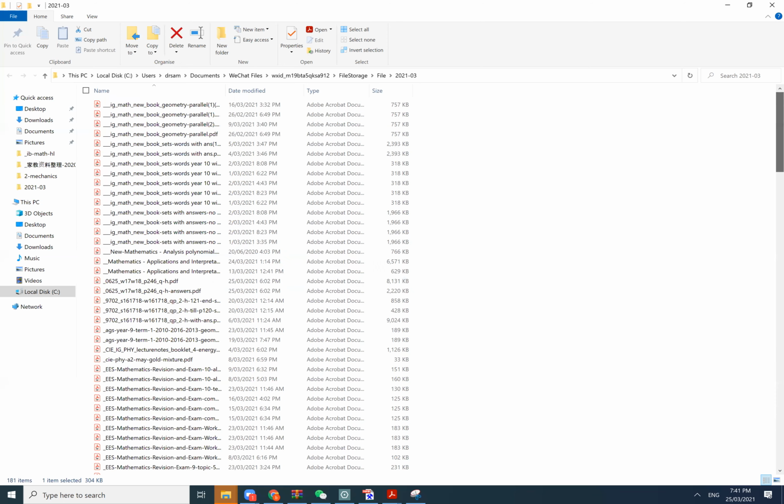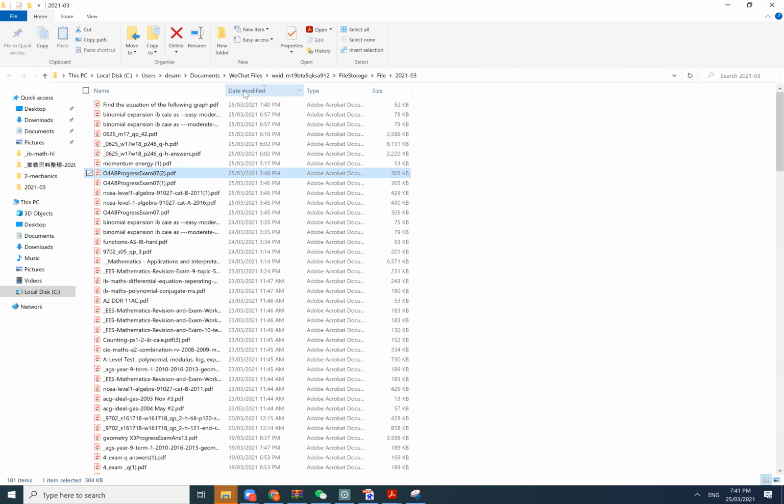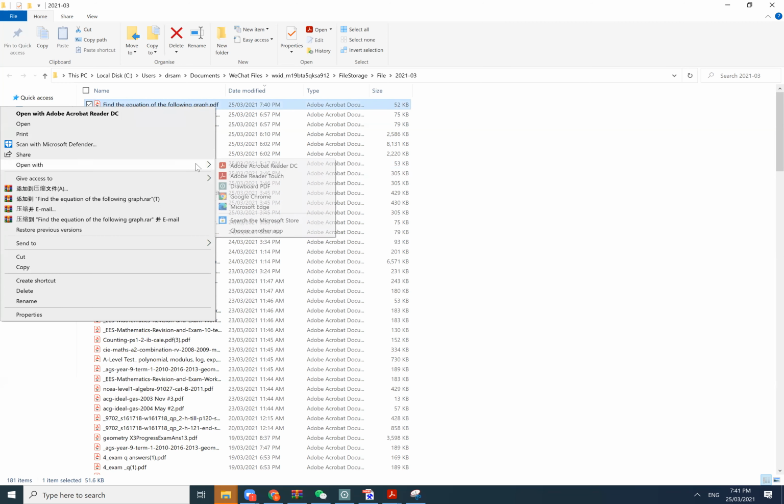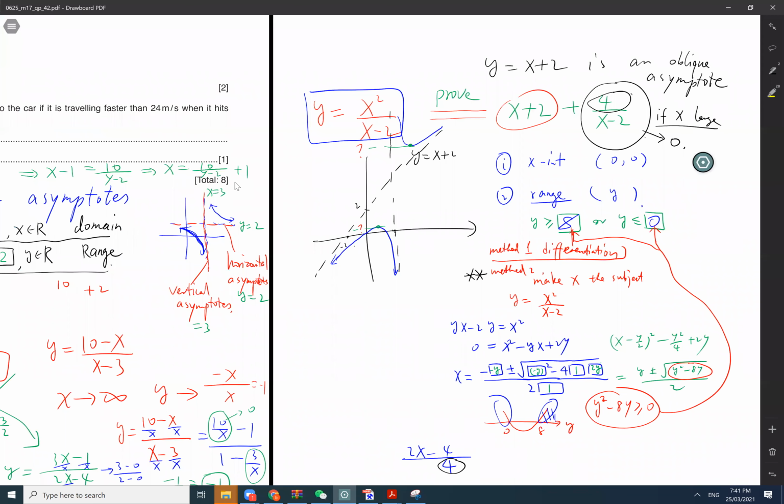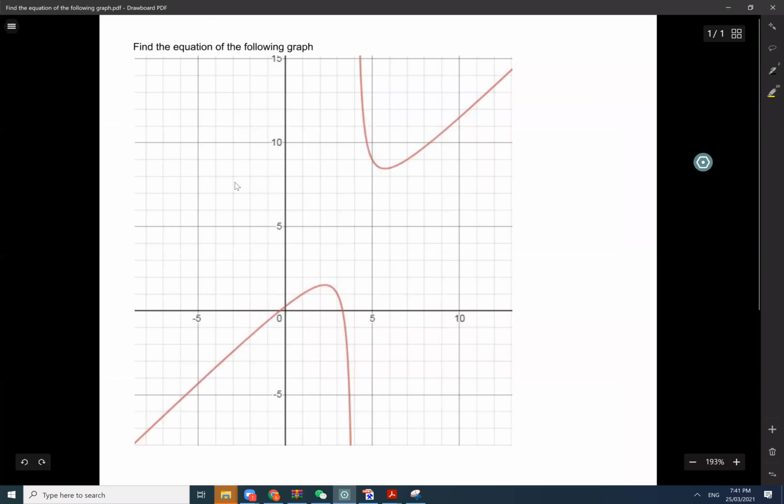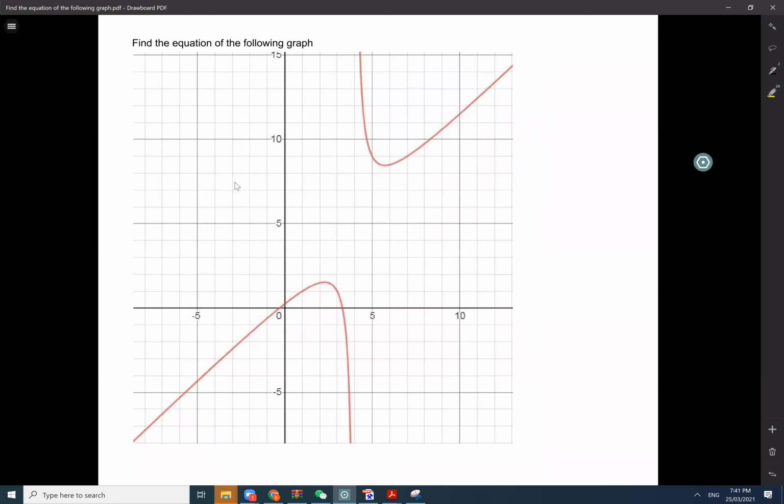If they gave you the graph, how do you find the equation? At least you know something here. If I write here, check if you understand: something plus something, plus x minus 4.